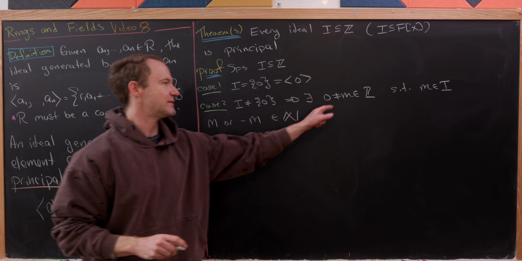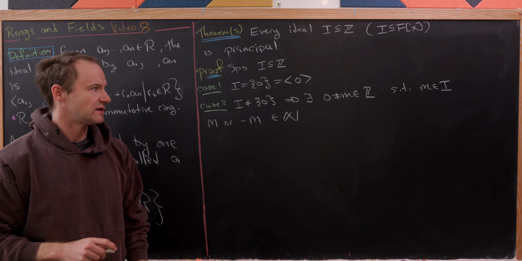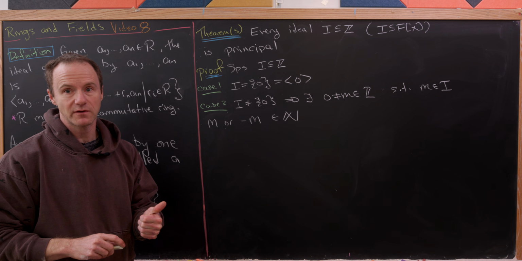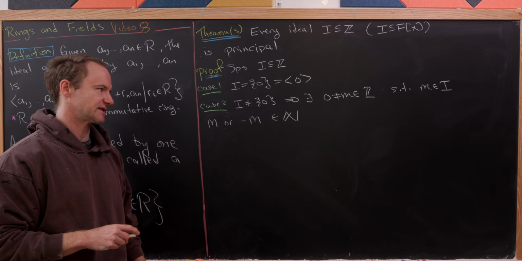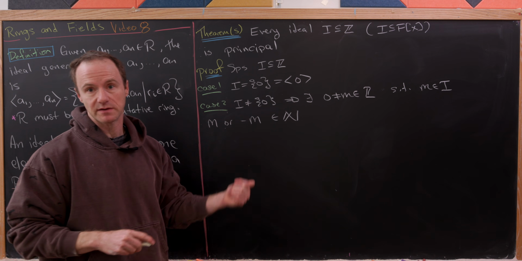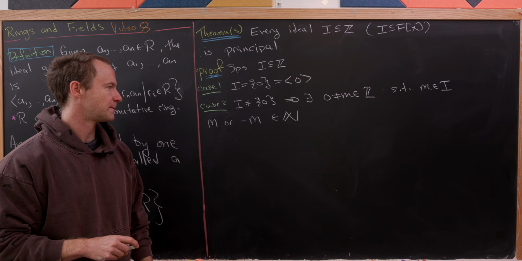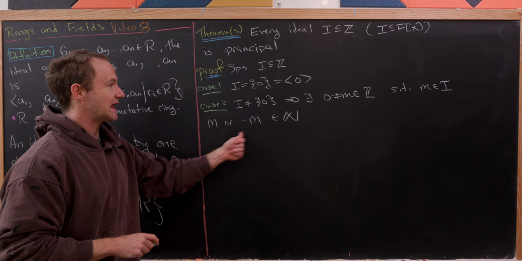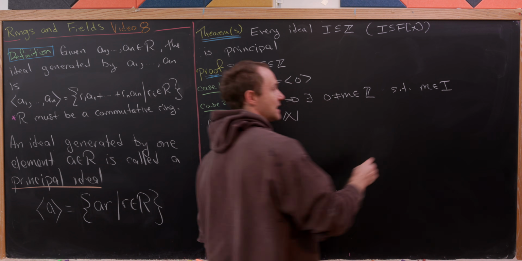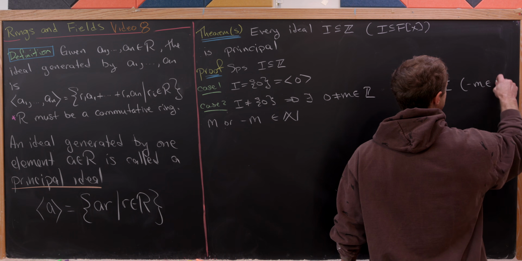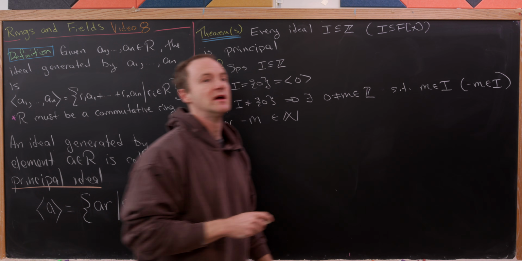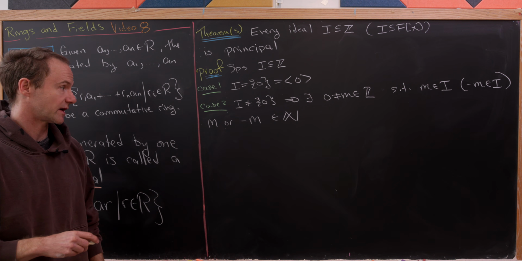That's because if m is a non-zero integer, then it's either positive or its negative is positive. Either way, we get some sort of positive integer here. But notice that m is an element of I, and pretty clearly negative m is also an element of I, because I is a subring.